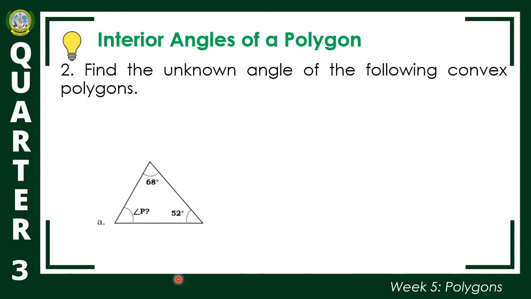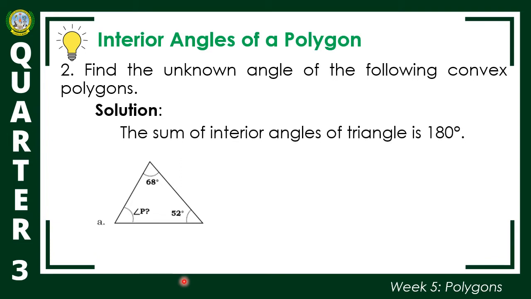Remember that the sum of the interior angles of a triangle is always 180 degrees. This means the sum of the measure of angle P, 68 degrees and 52 degrees is equal to 180 degrees. Okay? This is the equation we will use to find the measure of angle P.